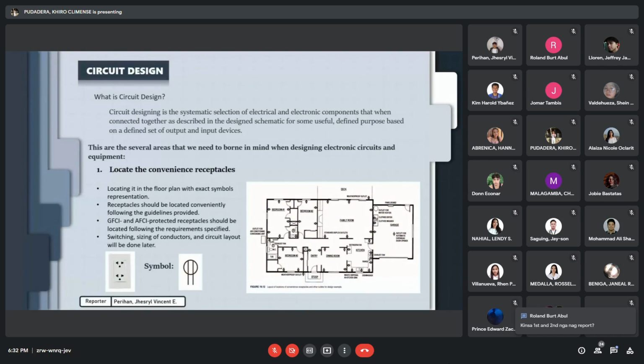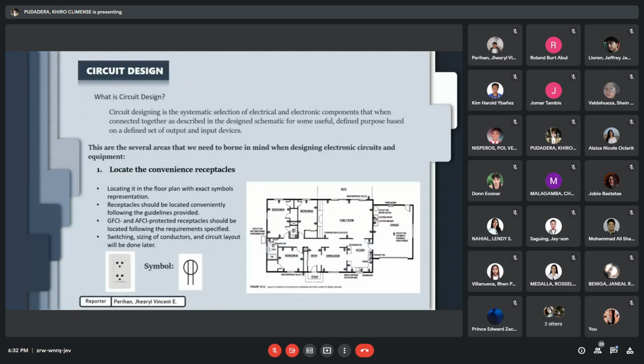Number one, locate the convenience receptacles. So, as you can see in the bottom, this is our symbol for the receptacle. First thing we need to do is locate it in the floor plan with the exact symbol representation. Receptacles should be located conveniently, following the guidelines provided as mentioned last week by Mr. Econar.